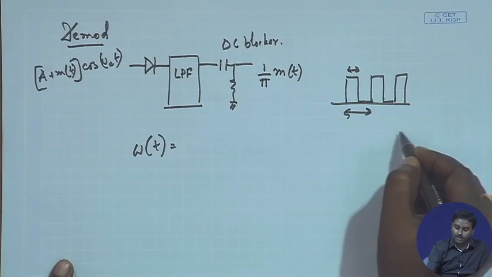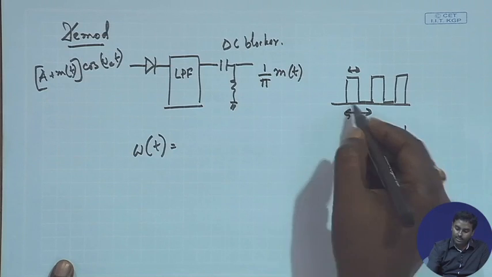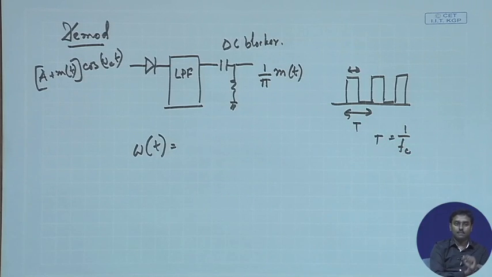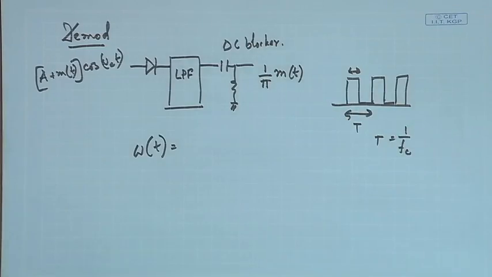So I had this 1 by fc time period, that must be this T. That should be exactly equivalent, and that is automatically happening because the diode is doing that.